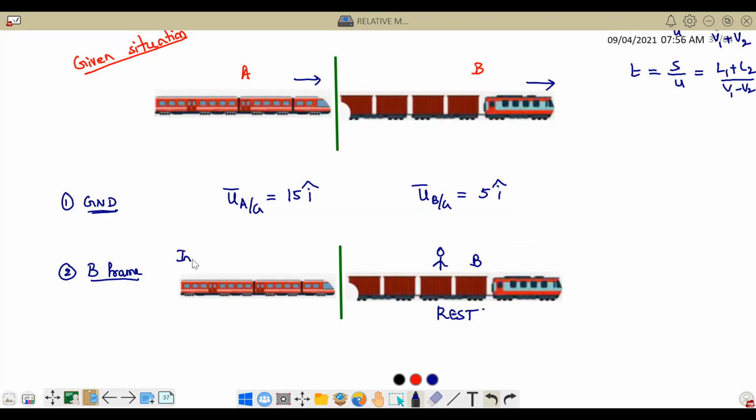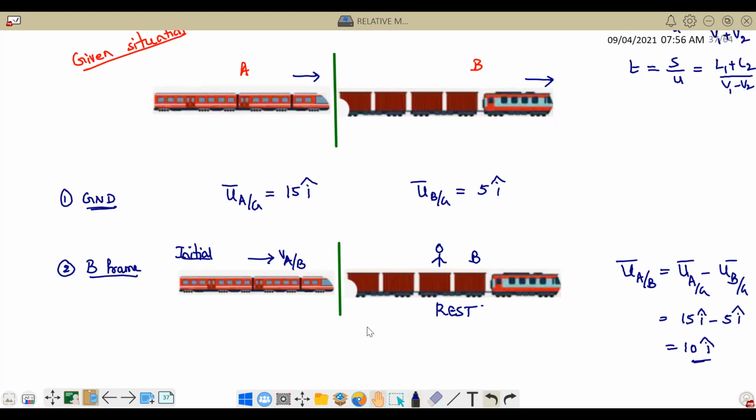This is the initial position. Now only A will move. With what velocity will A move? Velocity of A with respect to B is equal to velocity of A minus velocity of B. With respect to ground, the velocity of A is 15 i cap minus 5 i cap, which is 10 i cap. So now it is moving with 10 meters per second.